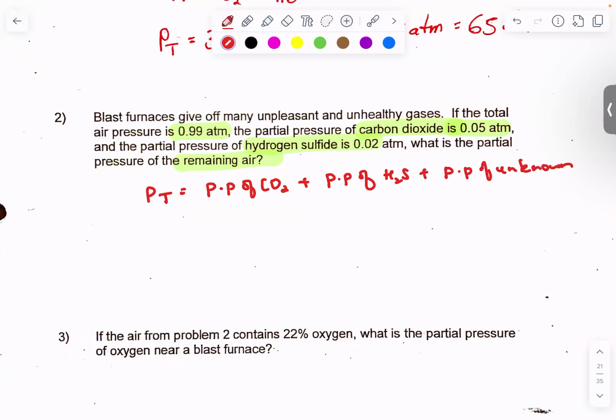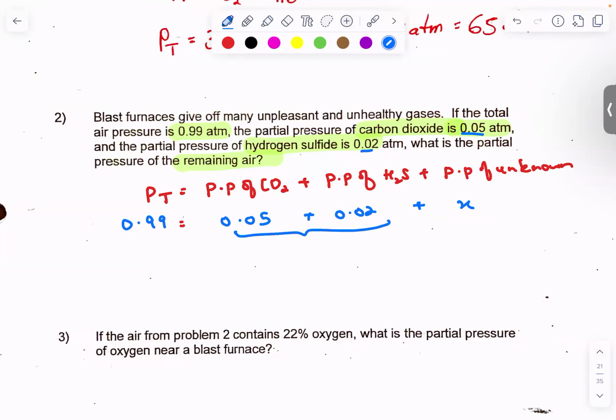Now the total pressure is given to us, that is 0.99. Carbon dioxide is 0.05, hydrogen sulfide is 0.02, plus the unknown, which would be x. So I'll add them up.